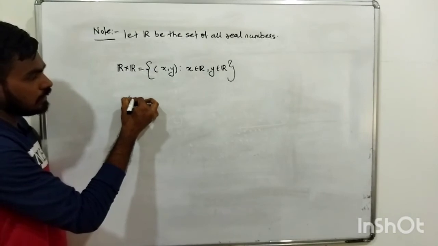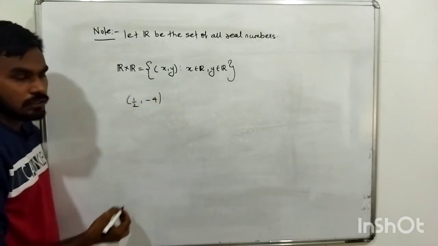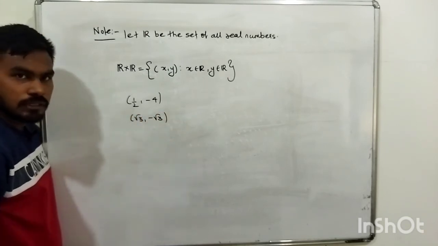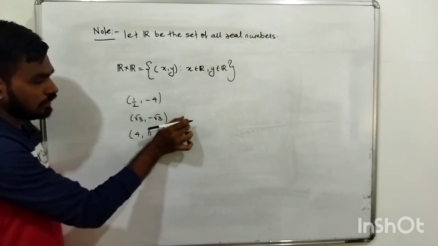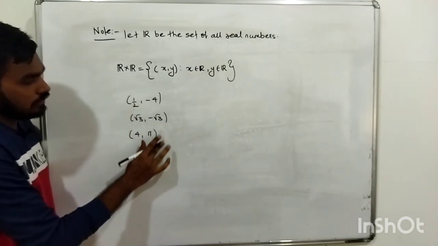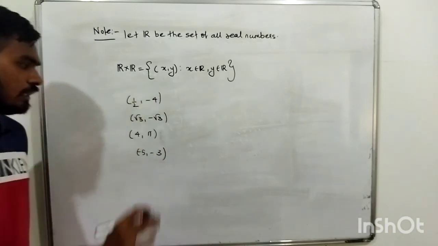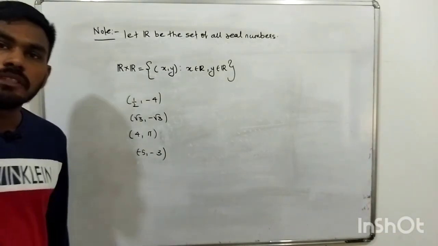For example, (half, minus 4): this is a real number, this is a real number. Okay, (root 3, minus root 3), both are real numbers. (4, pi), like this, anything. Okay, (minus 5, minus 3), all are real numbers. Means first is a real number, second is also a real number.